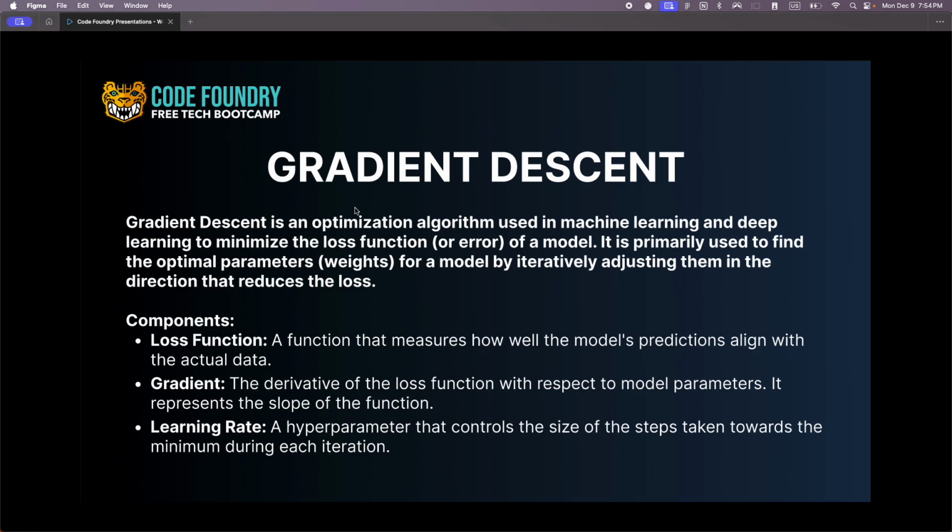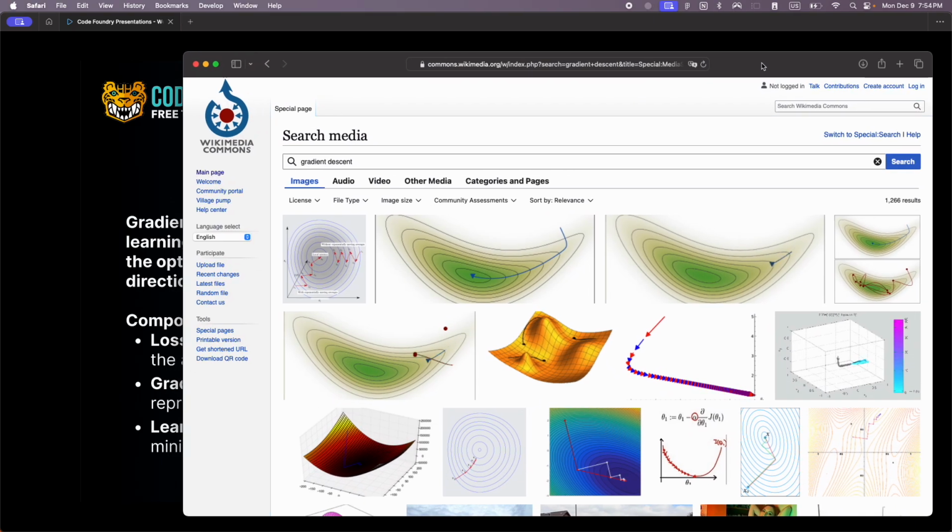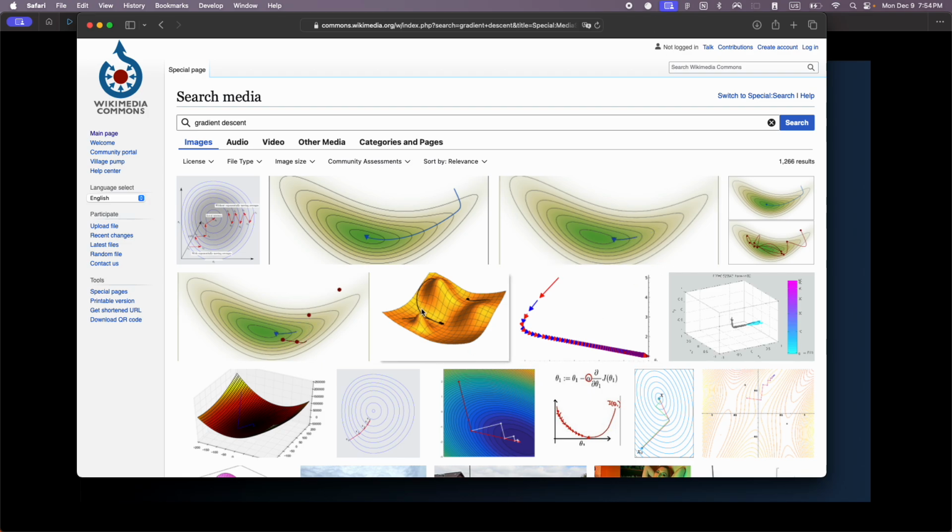Gradient descent is an optimization algorithm that we use to minimize the loss function of a model. It is primarily used to find the optimal parameters, or the constants in this case, for a model or an equation by iteratively adjusting them in a direction that reduces the loss. So the way we think about gradient descent is like when you are on a curve, like a rocky terrain, right?